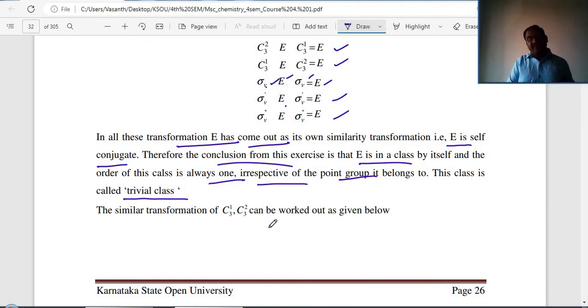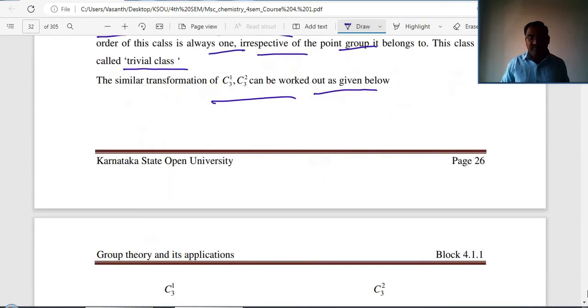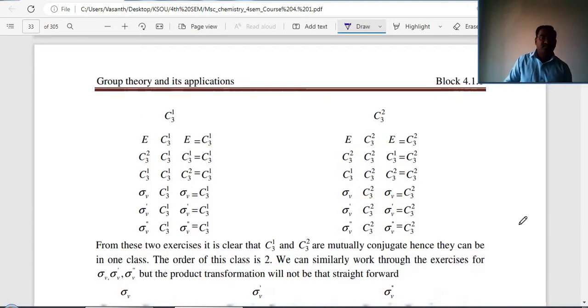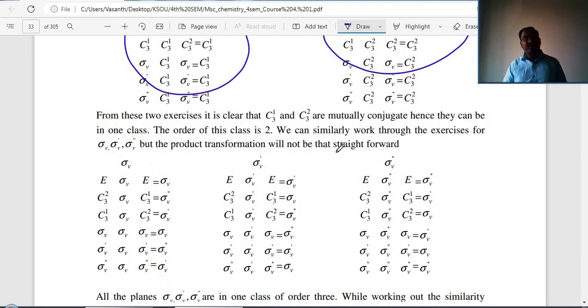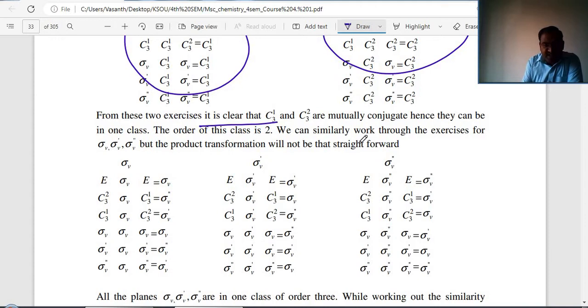The similarity transformations of C3 dash and C3 square can be worked out as given below. Just to go through that, from these two exercises it is clear that C3 dash and C3 square are mutually conjugate, hence they can be in one class, of order 2.